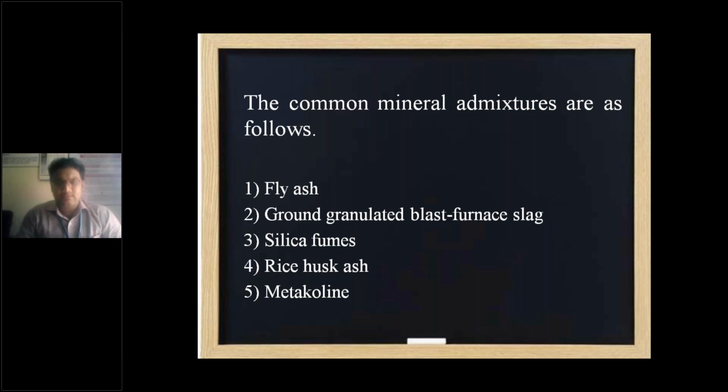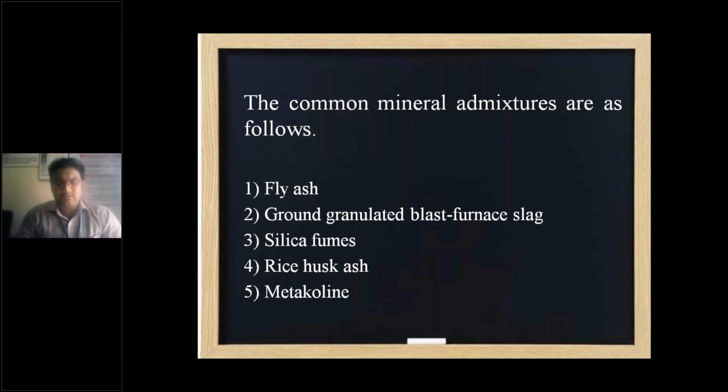The last byproduct waste material from the steel industry, we call it GGBS. That's why it is called slag. That slag might be from the steel industry or aluminum, copper, brass, whatever alloy industries. Whatever slag we get as waste from the blast furnace, we call it ground granulated blast furnace slag.